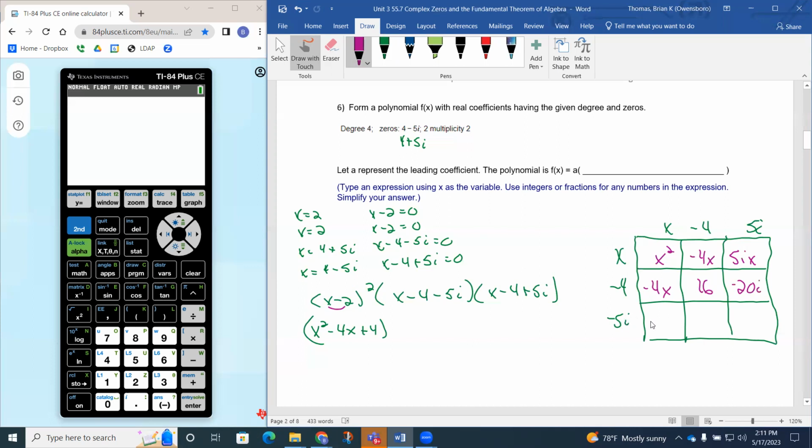Negative 5i times x is negative 5ix. Negative 5i times negative 4 is a positive 20i. And negative 5i times 5i is a negative 25i squared. But remember, i squared is equal to negative 1 by definition. So negative 1 times negative 25 makes that a positive 25.